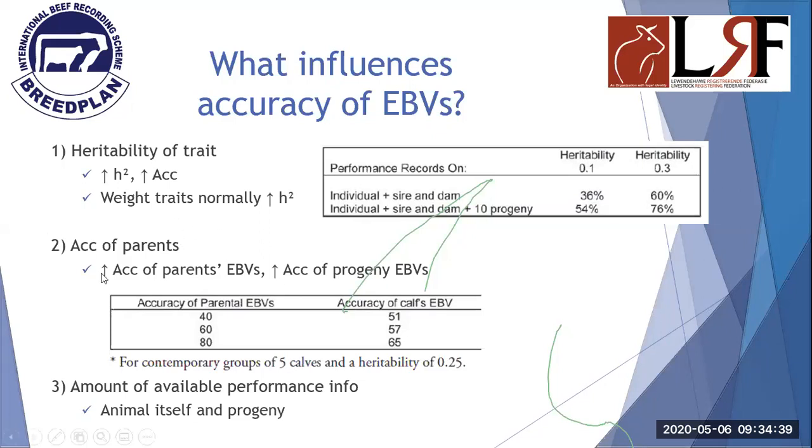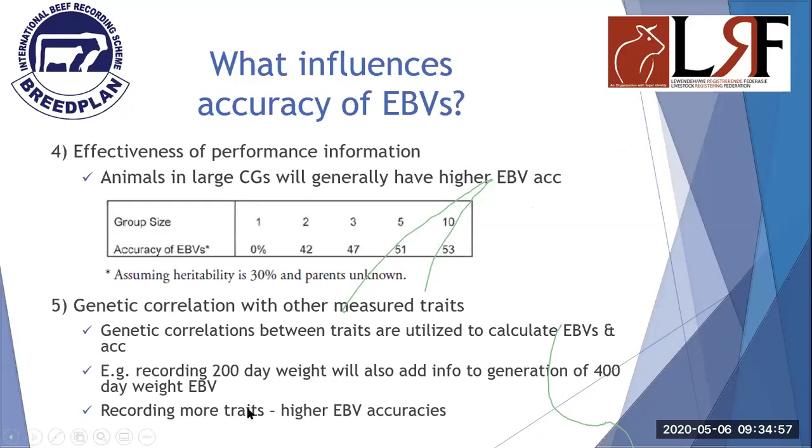Then the accuracy of the parents, as they have more information available, there's more information available for the offspring's EBV calculation. Then the amount of information available on the animal and the progeny itself. And then the contemporary group size also influences the accuracy of the EBV, with bigger contemporary group sizes leading to higher accuracy EBVs.